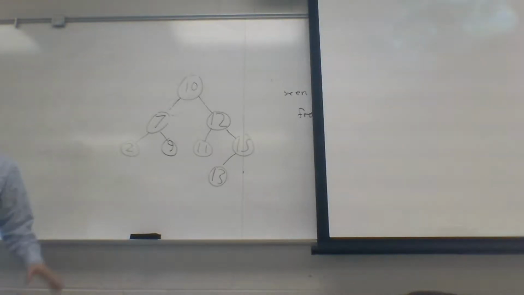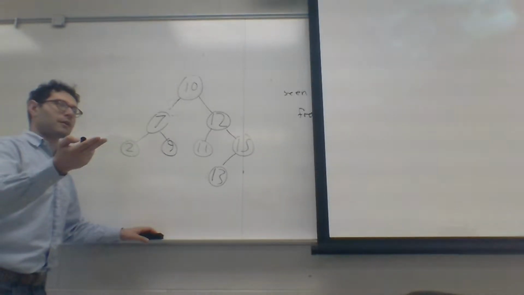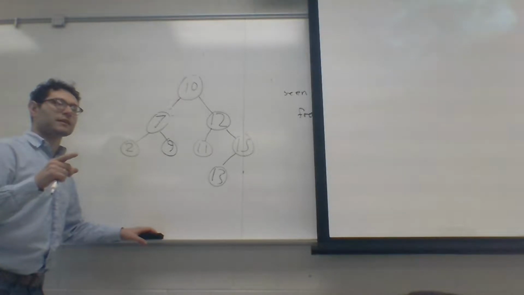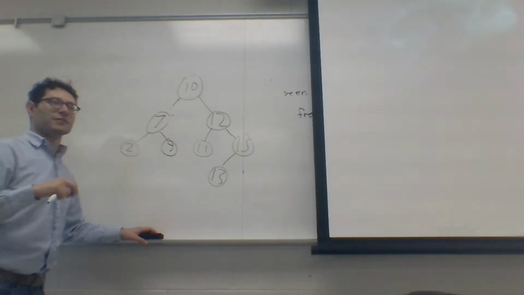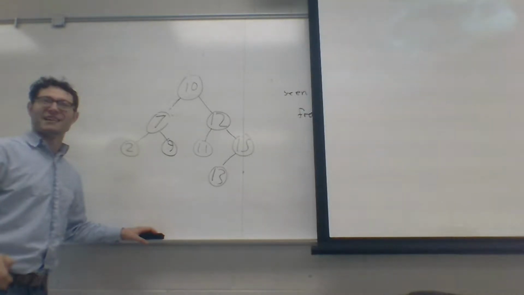How would I know if it's a leaf? If it doesn't have any branches off it. Yeah, if it doesn't have any branches off it. What would you call non-leaves? No, not branches, sorry. Internal nodes. You can call them internal nodes. You can also call them non-leaves.